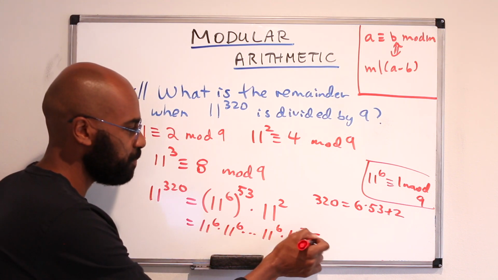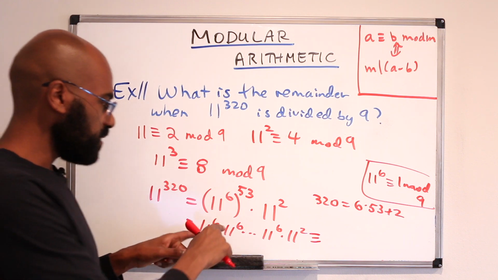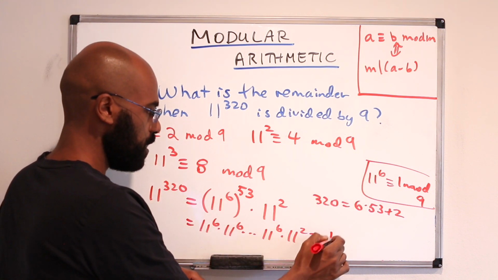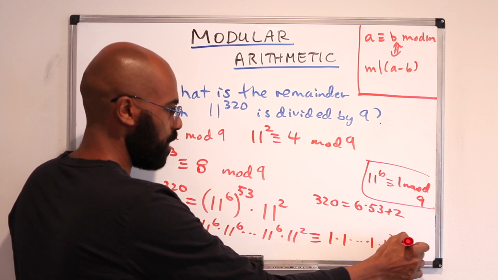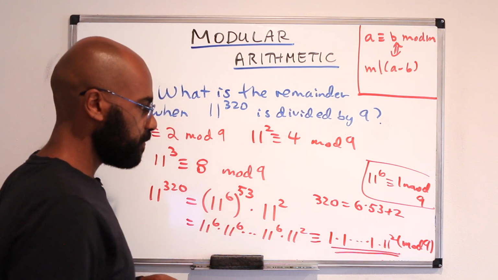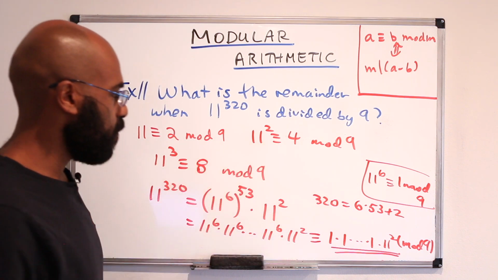And so if we apply the product property of congruences, this thing is going to be congruent to, because 11 to the 6 is congruent to 1, 1 times a bunch of 1s times 11 squared mod 9. And this is much easier to work with. 11 squared is the total product here, and that's 4.